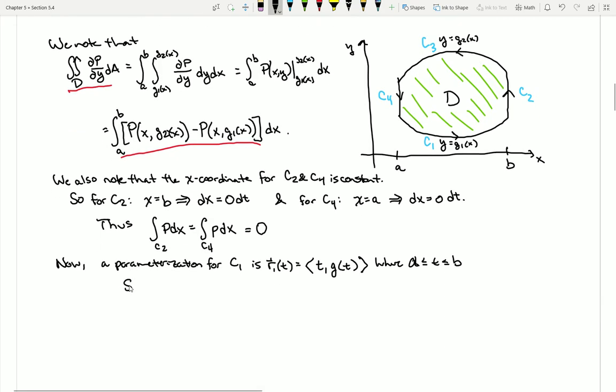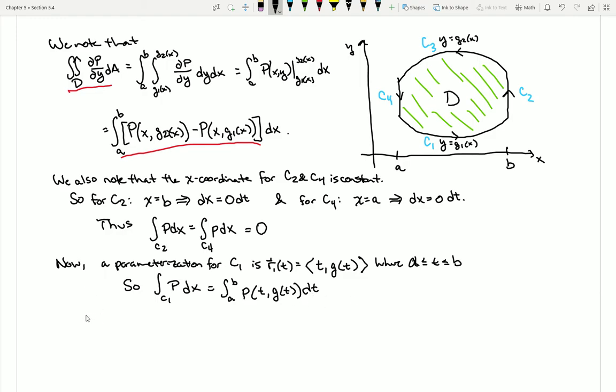And so, I can easily see then that the integral along C1 for p dx is going to be equal to an integral from a to b of p, and I would just have to replace in my x and my y. I have to substitute those in for what I have. Notice that if I was to replace my dx at the back, that would be the derivative of t, so I'd have 1 dt.